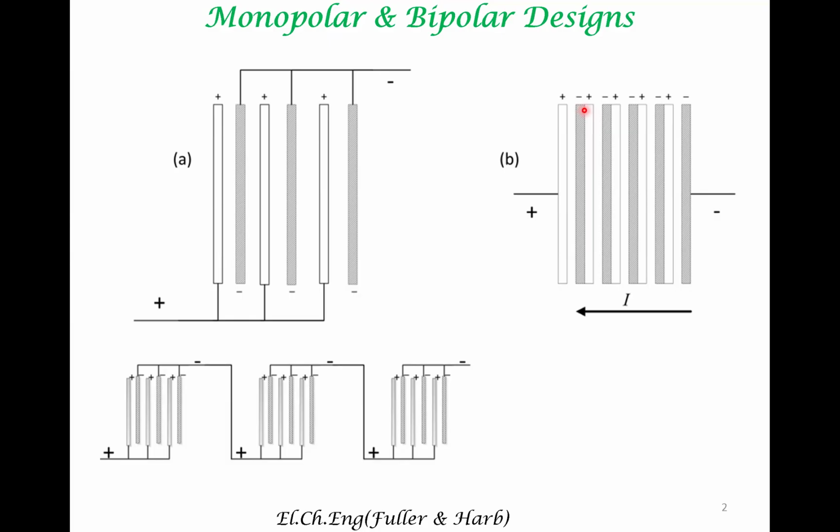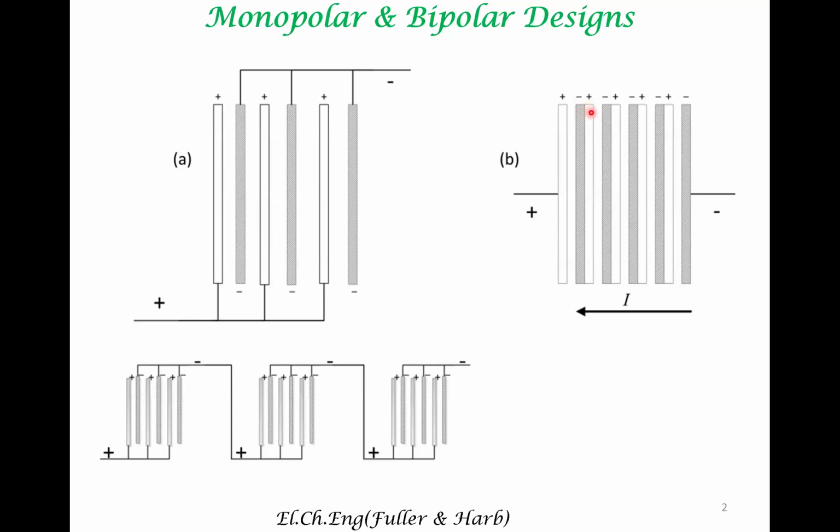If reduction takes place on one side of a bipolar electrode, oxidation would occur on the other side of a bipolar electrode. So this is a very, very interesting design wherein there are no external wires between these two sides of a particular plate.